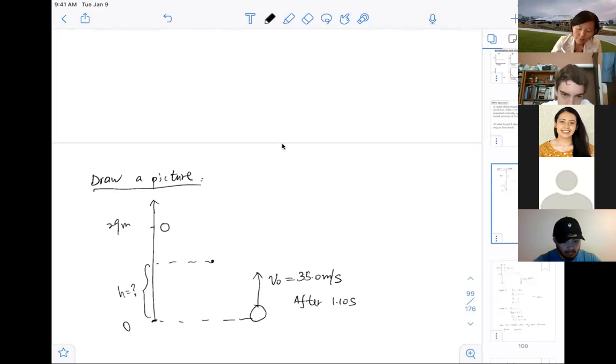I want to know what this height is. Okay, so if the total time it takes for this object to travel from here to here is time t, what is the time it takes for this object to go from the ground to this position? So if this is represented by t, this time is represented by what?